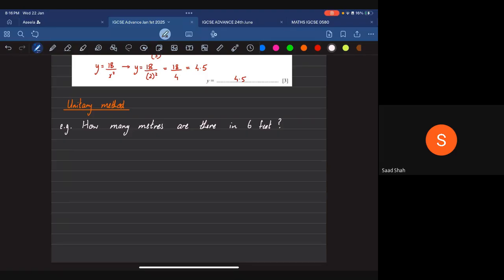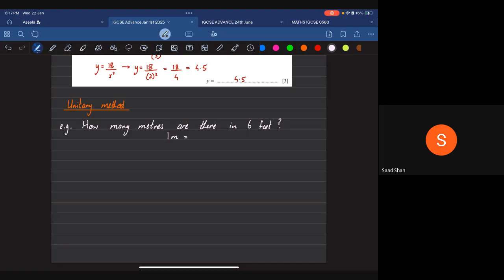Like, for example, they may say that 1 foot is equal to, or they can say that 1 meter is equal to how many feet?